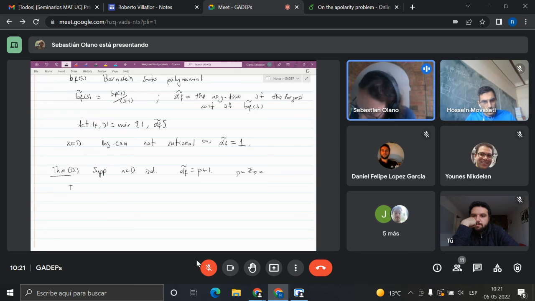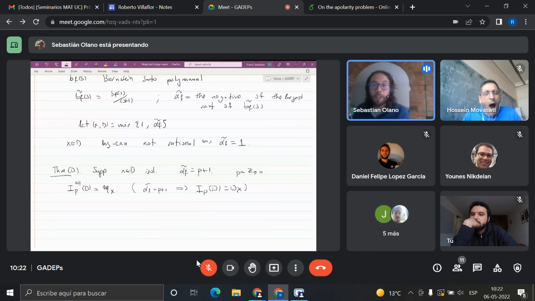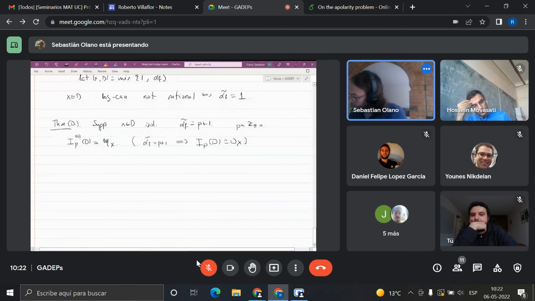Then what Ishii proved in the case of I_0 is true for I_p, which is another way of saying that this is the maximal ideal. And let me add here that alpha tilde f equals p plus 1 automatically implies that I_p of D is trivial. So you have the same picture at every level. You start with the maximal ideal, you keep going, at some point you have a jump, and then you have the whole thing.